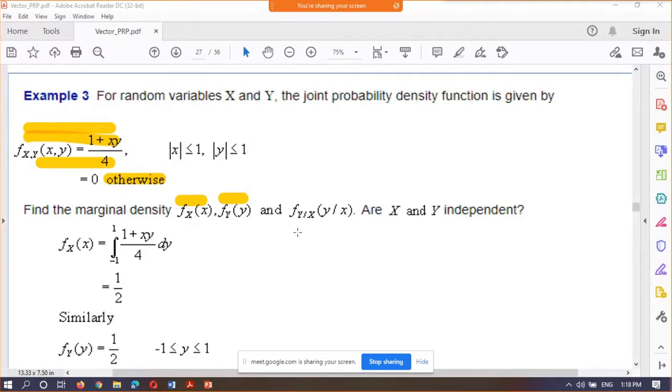So in the end your answer is correct, but in the middle you have written the limit of the integration -infinity to x. For that, marks will be deducted. And if the same mistake is done by more than 2-3 students, then 0 marks will be given, no step marking will be there.